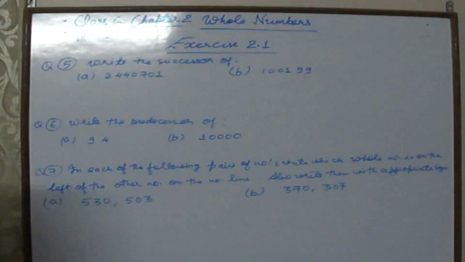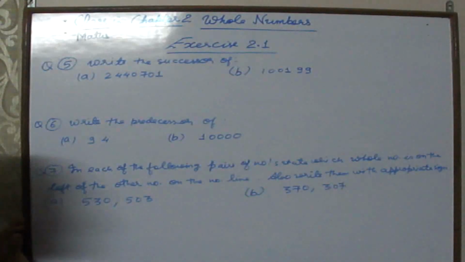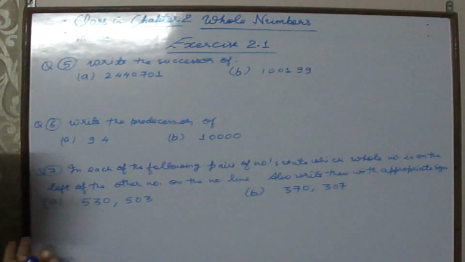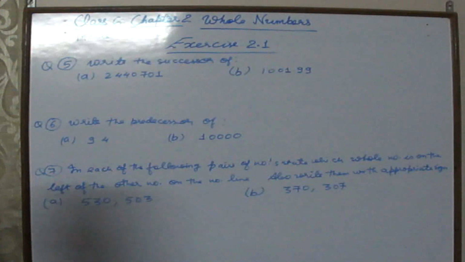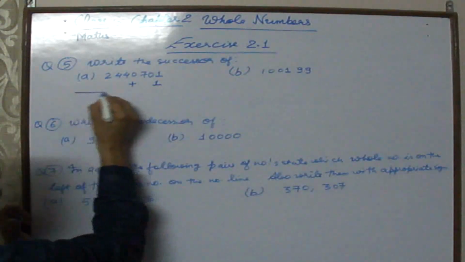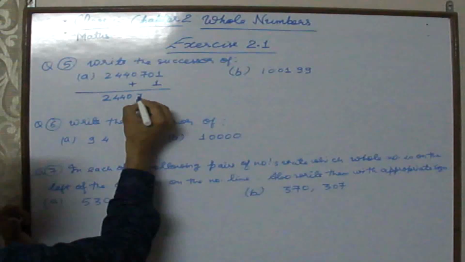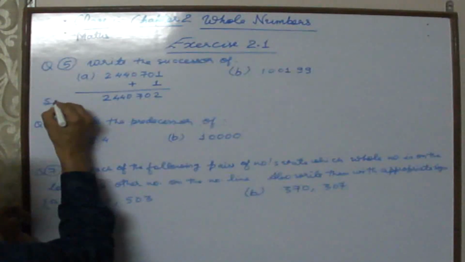Now, let us do question number 5. Write the successor of the number, and we know what a successor is. Successor means we have to add one more to that number. So let's find out the successor. To find the successor, we simply add 1, and we get 2440,702. This is the successor.